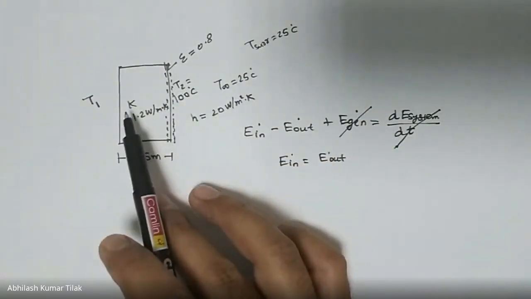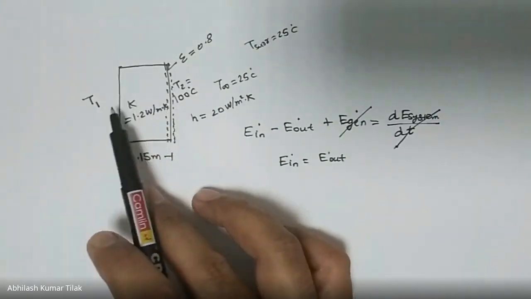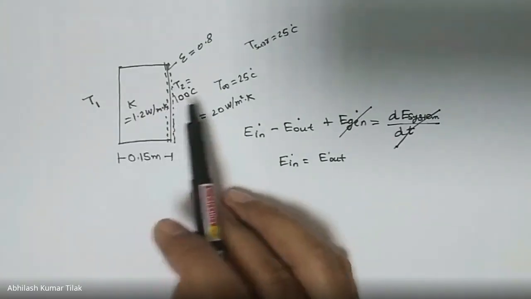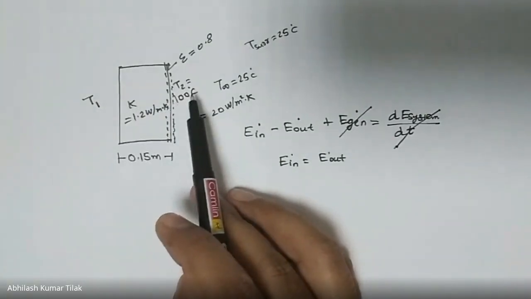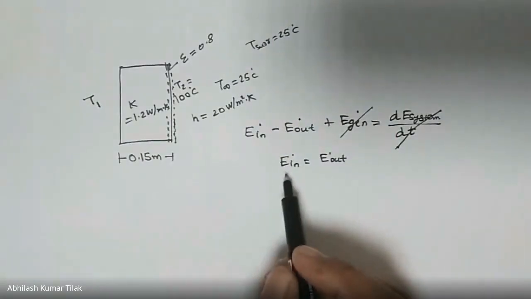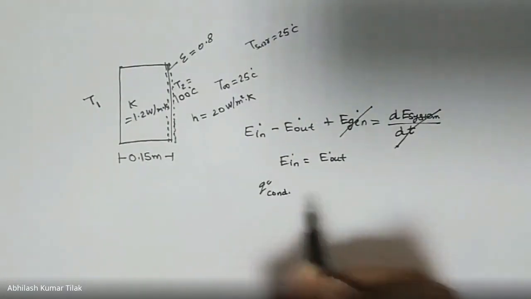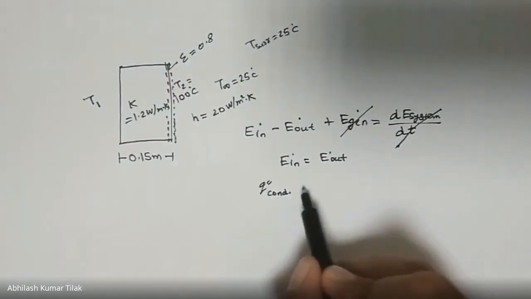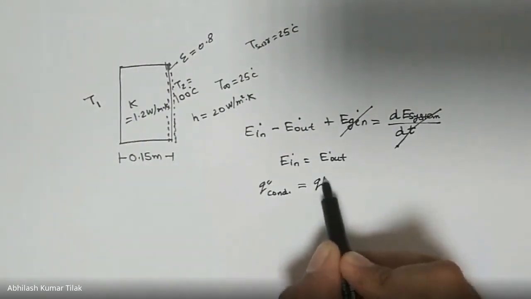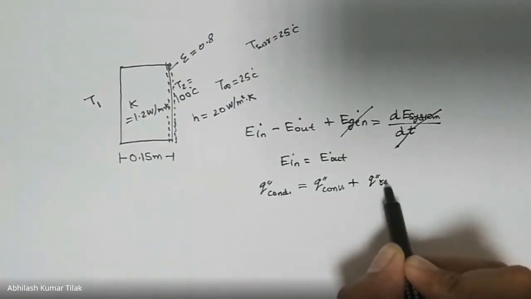So I can write the energy entering into this control surface would be Q conduction, while the energy leaving this control surface would be Q convection as well as Q radiation. So writing in terms of heat flux, Q conduction is equal to E out, that would be Q convection plus Q radiation.